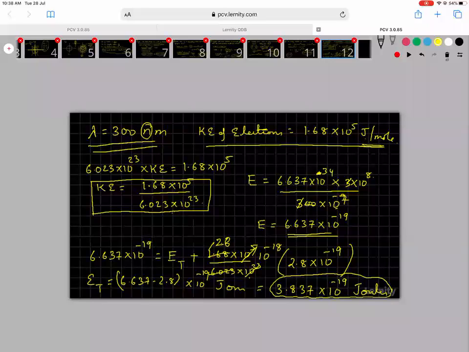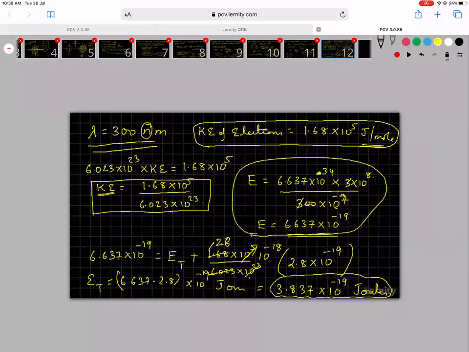What did I do? First, I was given the kinetic energy per mole. So the kinetic energy per mole of electrons, I converted it to the kinetic energy of one electron by dividing it by Avogadro number. Then I found out the incident energy, E is equal to hc by lambda. Then I wrote my conservation equation, that is energy incident is equal to work function plus half mv squared.